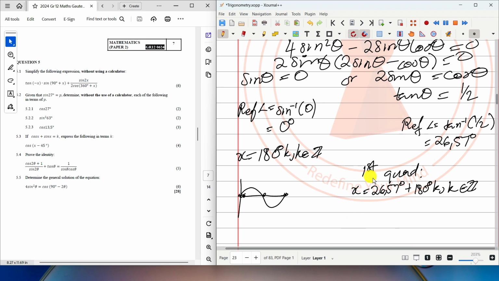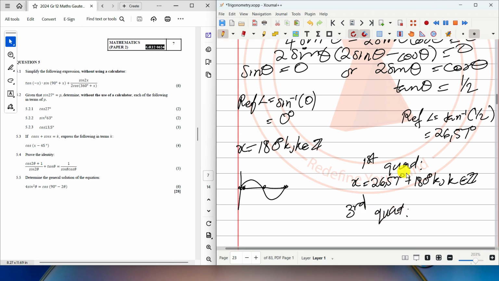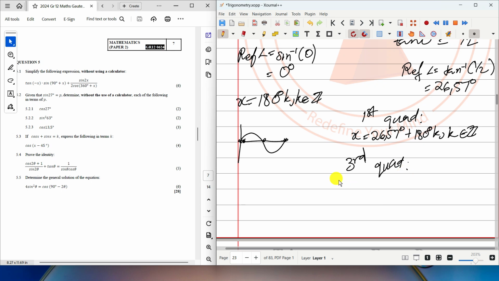Again, where is tangent positive? It is positive in the third quadrant. In the third quadrant, what do we work with? We say x is equal to 180 plus. Remember, reduction formula for the third quadrant is 180 plus.